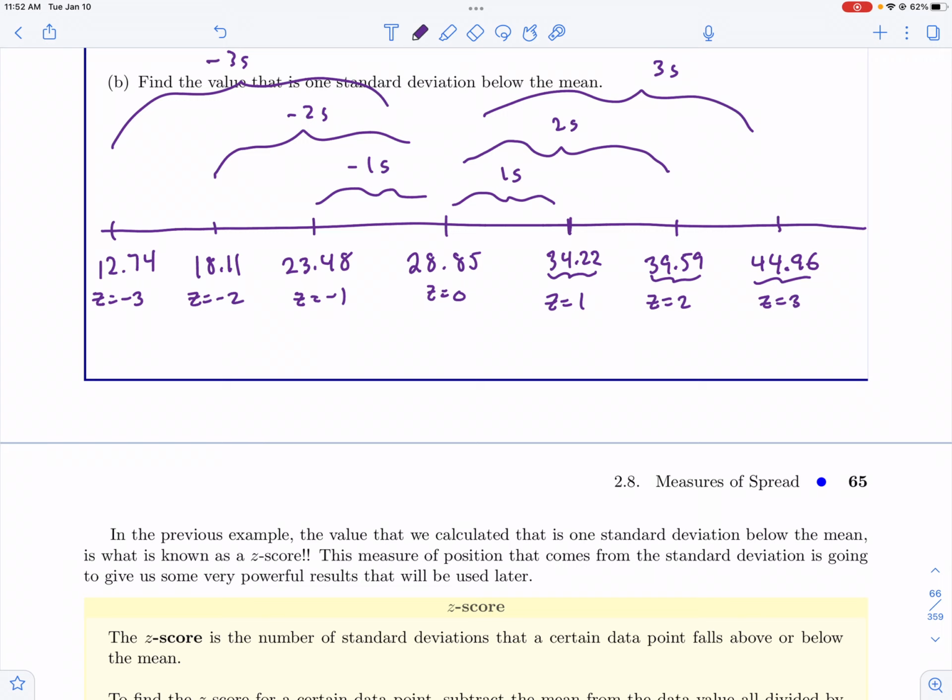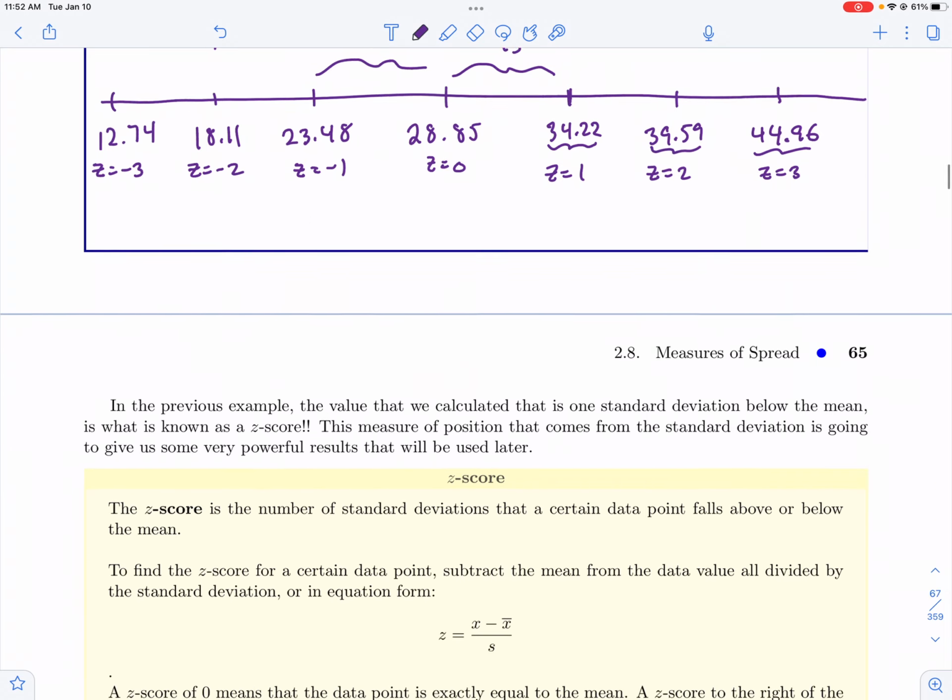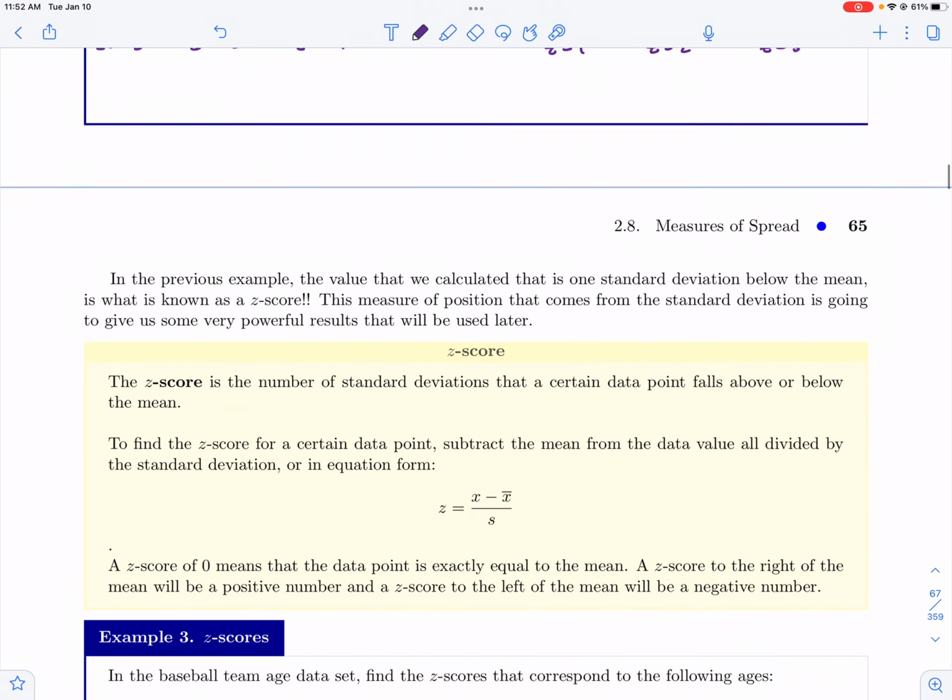Now, unfortunately, the likelihood that we land exactly on one of these perfect z=1, z=2, z=3 is pretty slim to none. So we want to be able to actually calculate the z-score exactly for a given value, even if it doesn't happen to be a nice whole number. And so that's what we want to talk about in this next little section here.